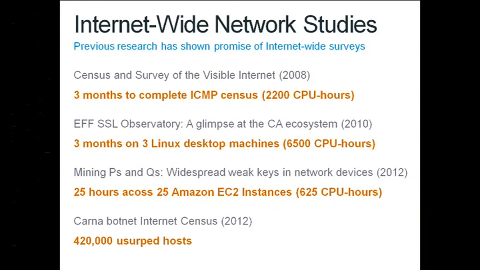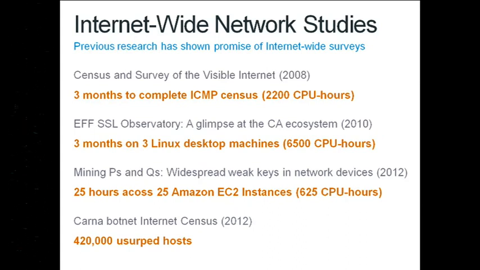The first 3 studies on this list all involved the use of off-the-shelf network probing tools, things like Nmap. And Nmap, although a wonderful security tool, something I use all the time, I have great admiration for Fyodor and his work, Nmap is not a tool that's designed or optimized for internet-wide scanning. And that turns out to be a large part of the problem.